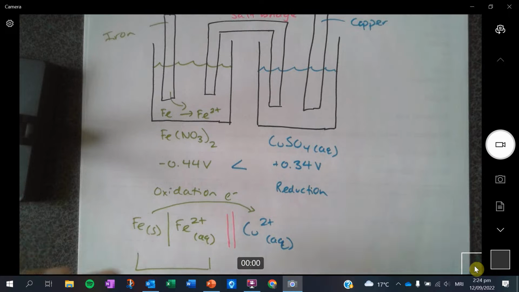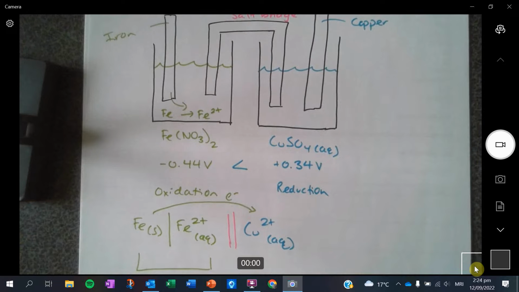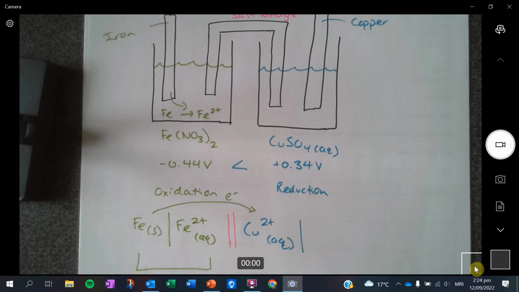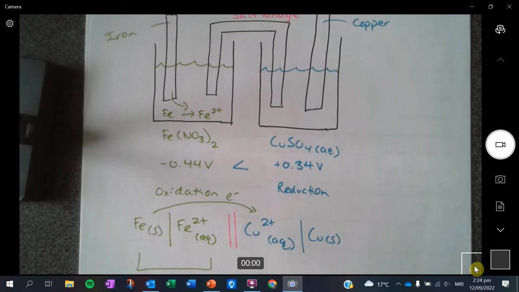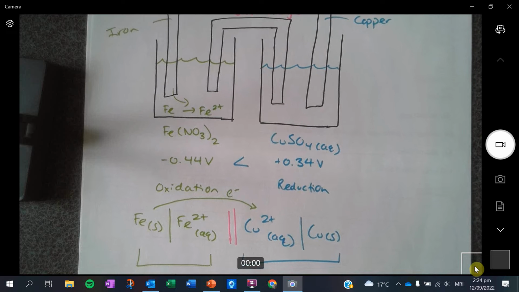Again, you don't need to write all this extra stuff. We're mainly concerned about the standard cell diagram. All right. And then what's my electrode? Cu, solid. So that is my reduction half. And that's what a standard cell diagram looks like.